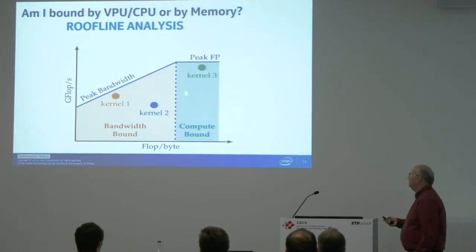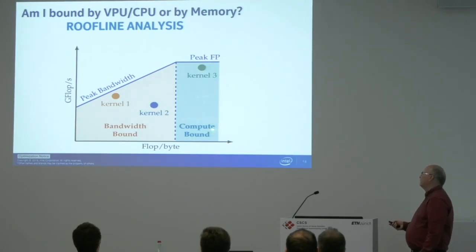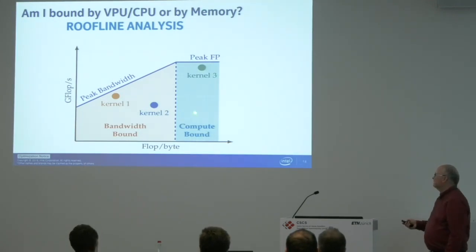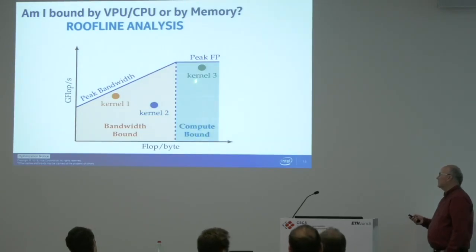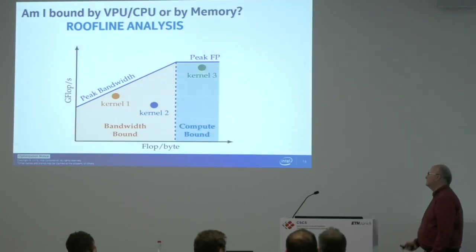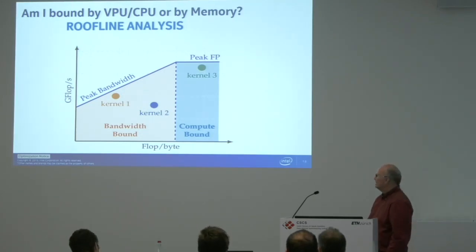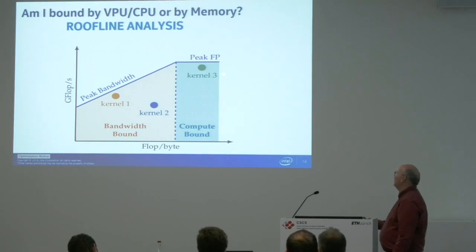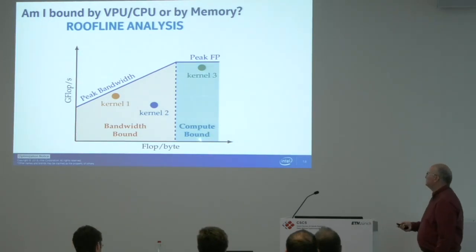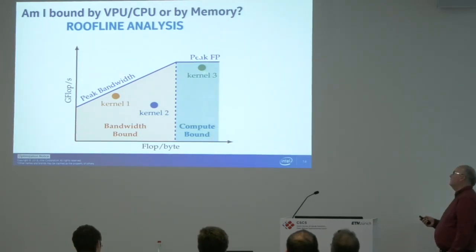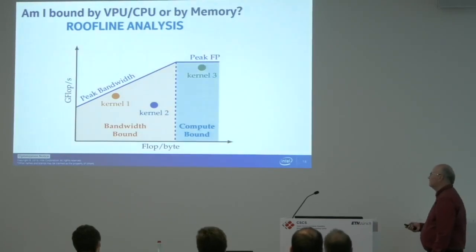When you're on the right side, when you have a high arithmetic intensity, then the memory system can always load all the data in time, and so you have no problems with the memory system, and you should go for the peak performance of your system.